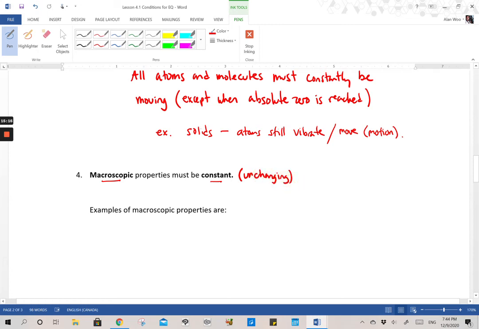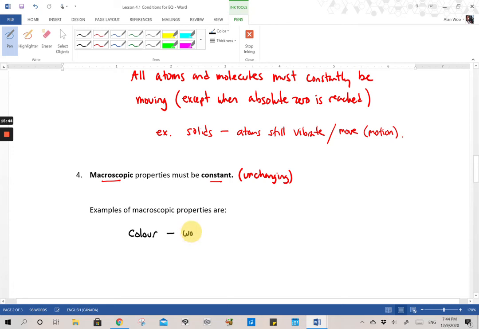Okay, so to give you several examples, some things that are macroscopic could be things like color. Okay, you can measure color by measuring its intensity, how dark or light it is, and you can also measure if it's changing or not. See? So for color, color cannot change.